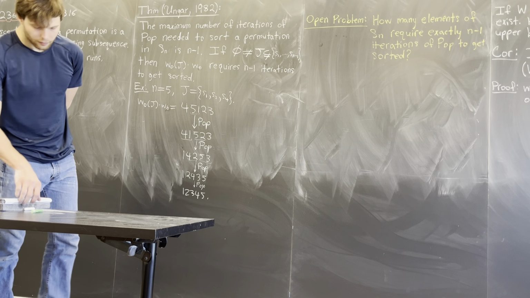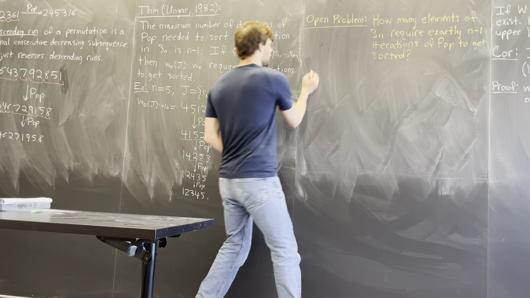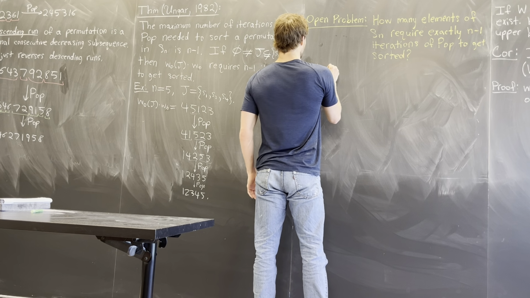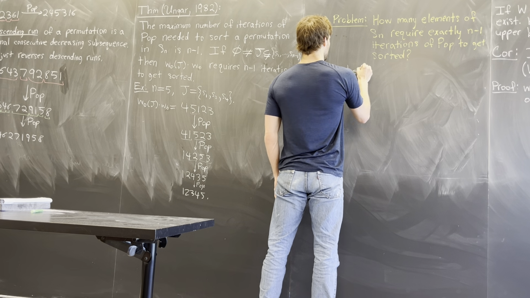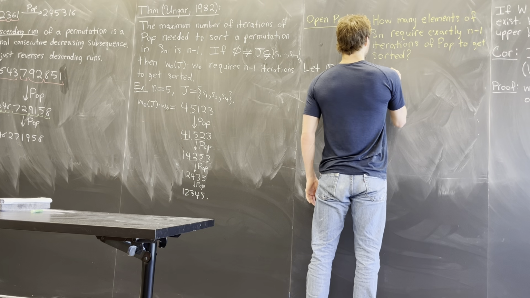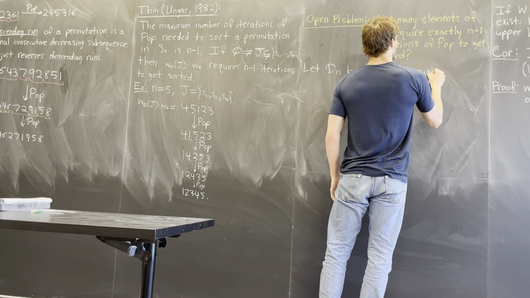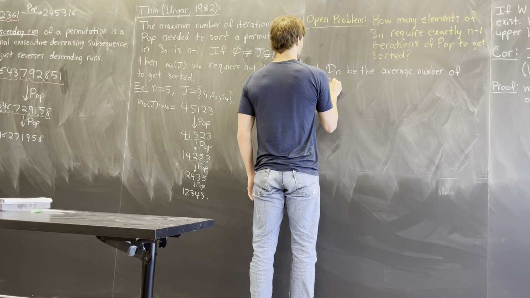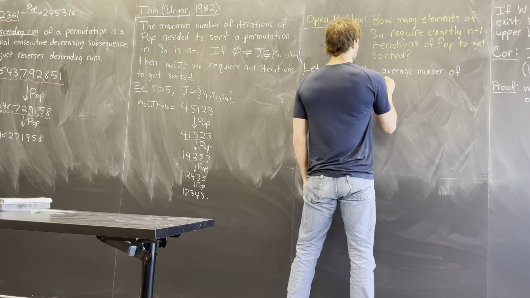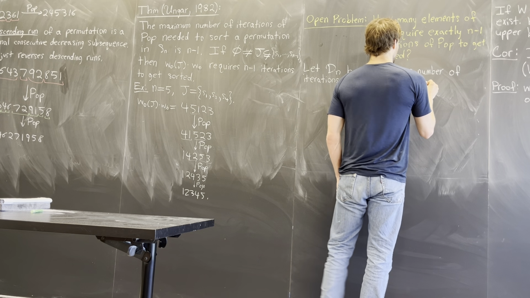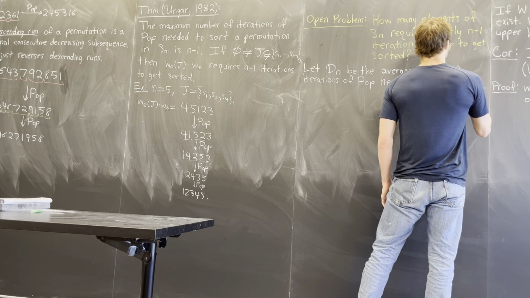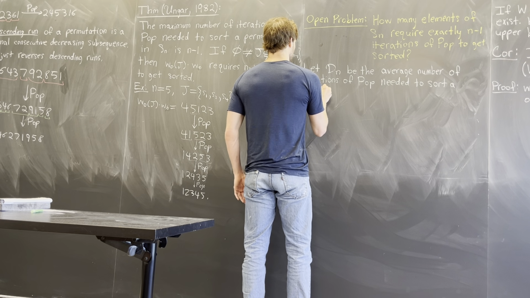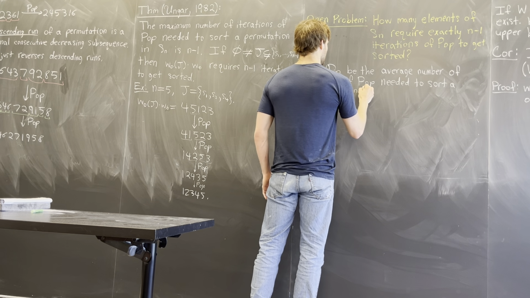So let me write this: let calligraphic dn be the average number of iterations of pop needed to sort a permutation in Sn.